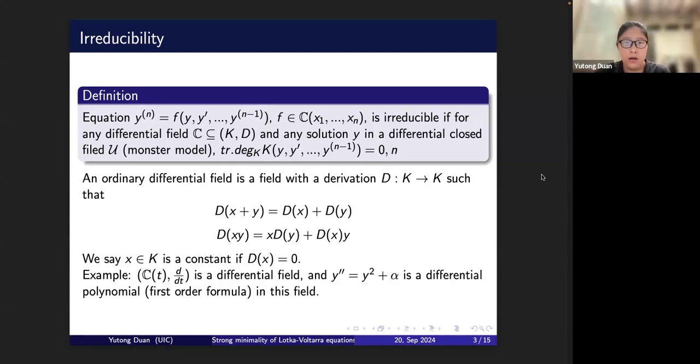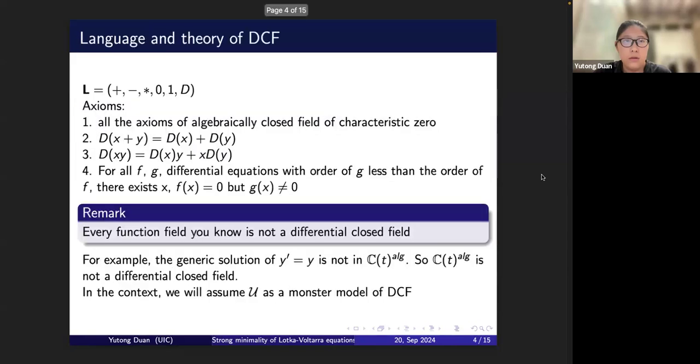You may recognize there are some mathematical logic or model theory terms like first order formula. So the next page is to explain the basics of the theory I'm talking about. Our language contains plus, negative, multiplication, 0, 1, and the derivation.